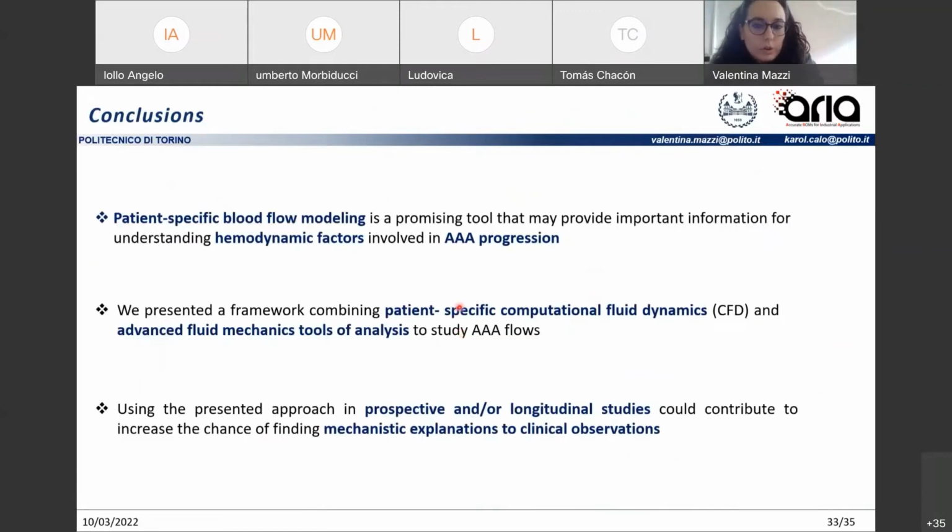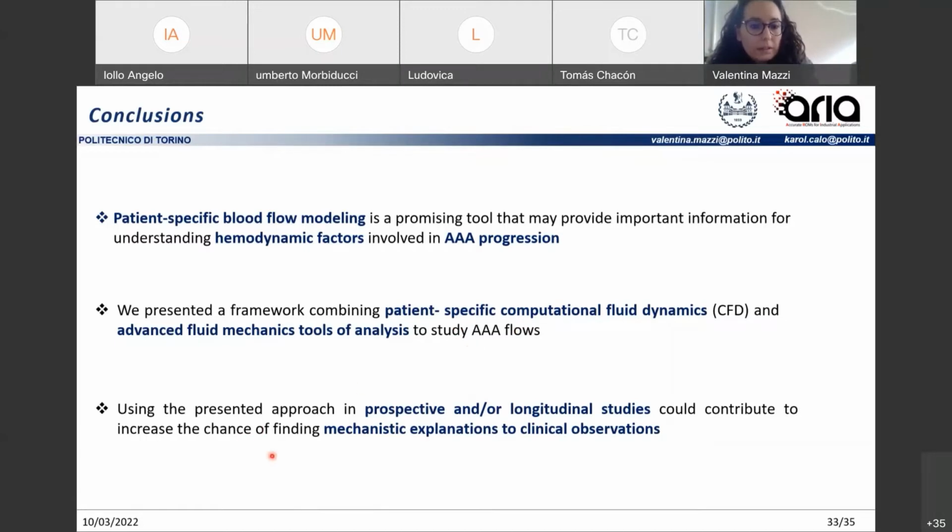So in conclusion, we saw that patient-specific blood flow modeling is a promising tool that may provide useful insight for understanding the hemodynamic factors which are directly involved in the aneurysmatic disease progression. We presented a framework combining patient-specific CFD and advanced fluid mechanics tools of analysis to study the hemodynamics in abdominal aortic aneurysms.